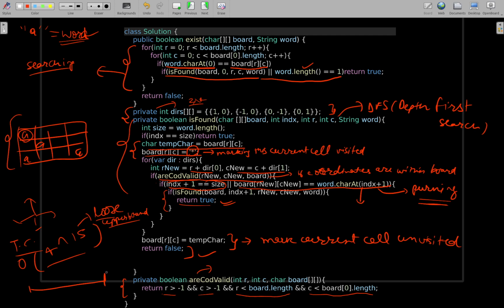So that will be the space complexity because of the recursion stack, and this will be the time complexity overall. So that's pretty much it for the time complexity and space complexity analysis.